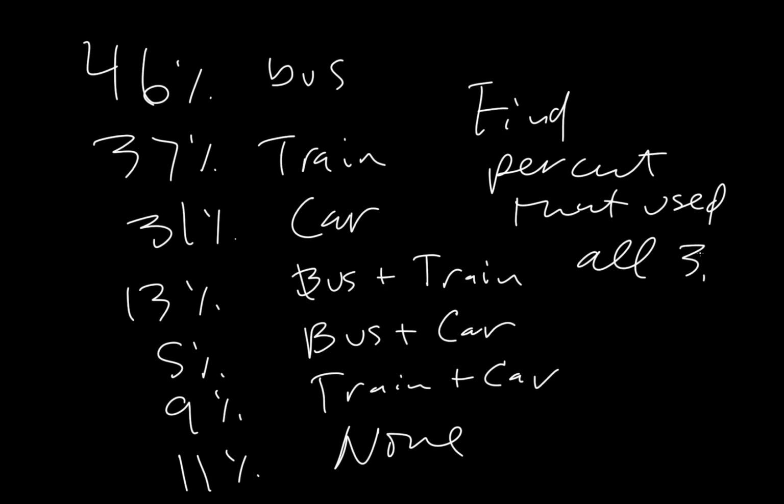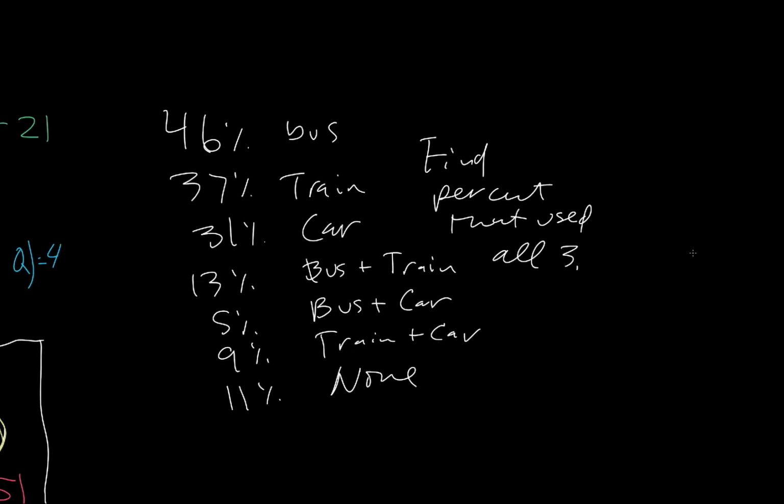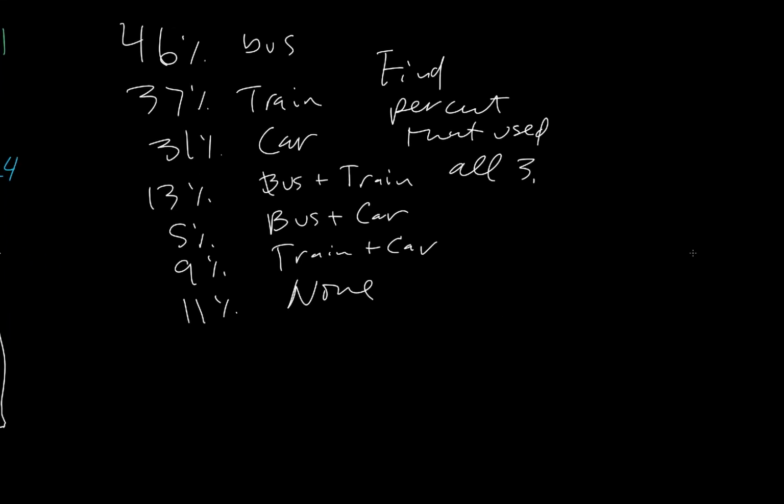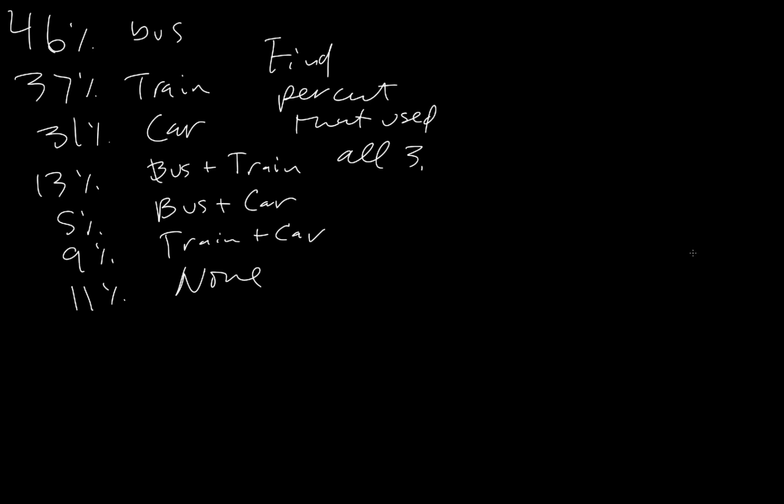Okay, so I'm going to zoom out on this. Now we're going to need a Venn diagram with 3 sets on it.